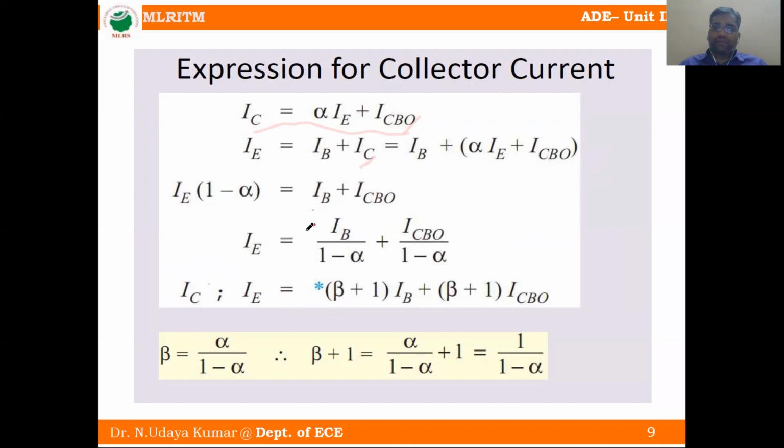Beta plus 1 is nothing but 1 by 1 minus alpha. Since beta is equal to alpha by 1 minus alpha, beta plus 1 is alpha by 1 minus alpha plus 1, which gives 1 by 1 minus alpha.